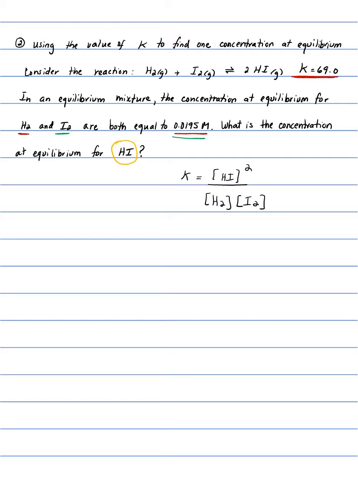So looking at the problem, we have the number that goes here, 69. We have this number for H2, we have this number here for I2, and what we're trying to calculate is that number right there. So you can pause the video and try solving the problem.